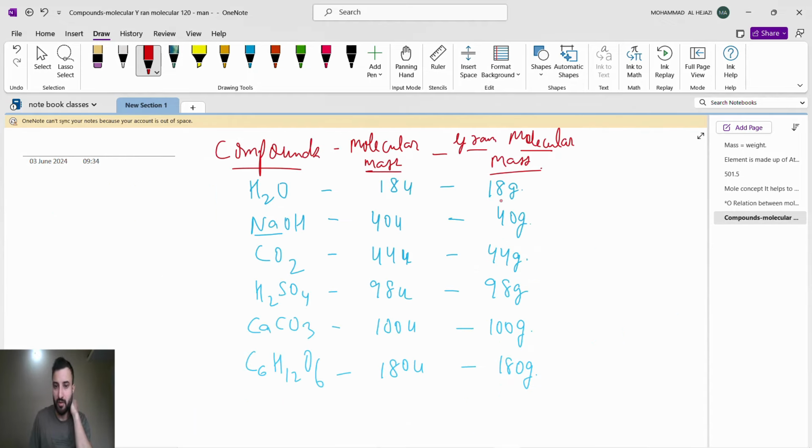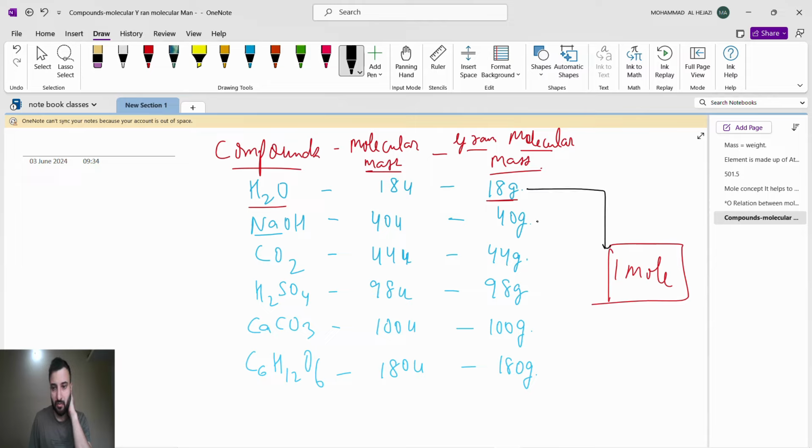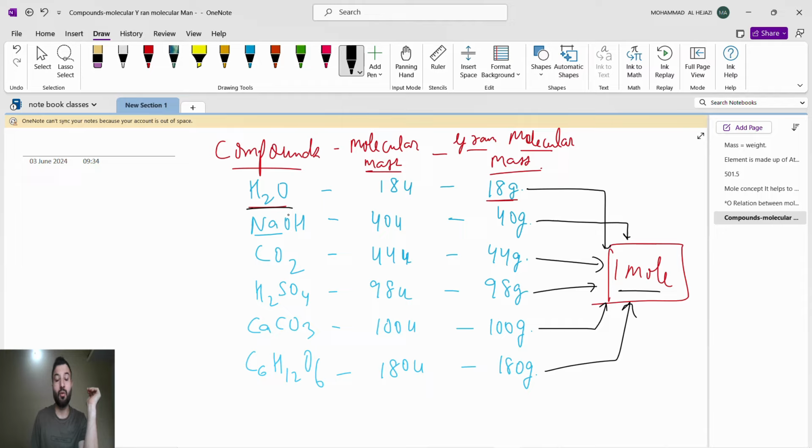Same here. If I tell you 18 gram of H2O, this is all 1 mole. Okay. If I tell you 1 mole of H2O, what will we see?